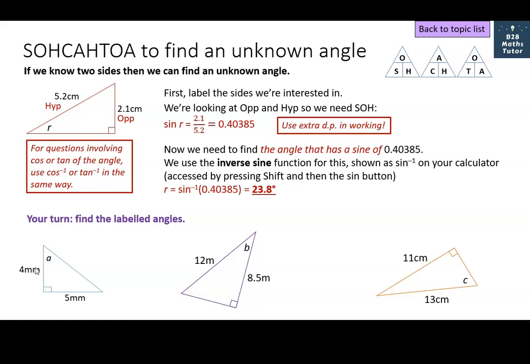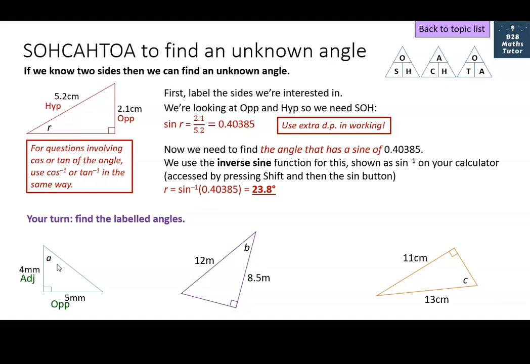First one then. First thing we do is label the sides. This is the hypotenuse, we don't want that. 5 is the opposite, and 4 is the adjacent. If we're dealing with opposite and adjacent, then it's the tan triangle.